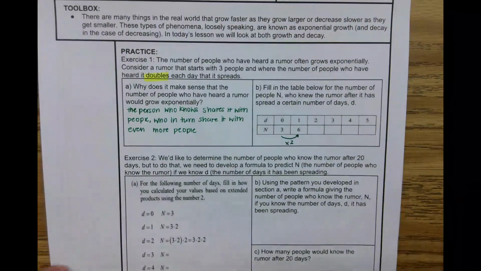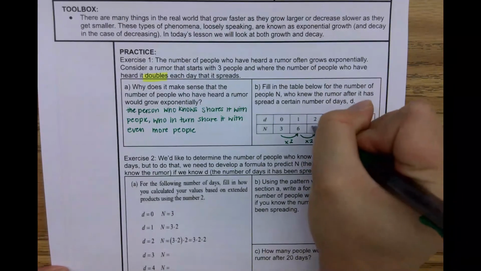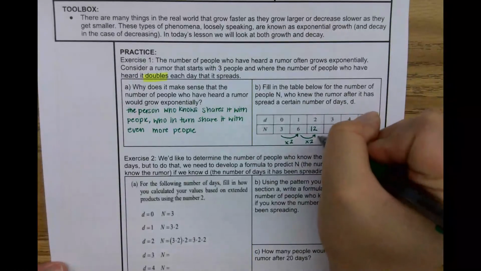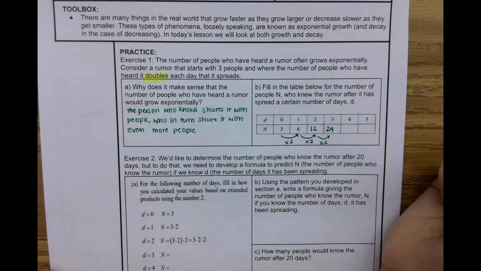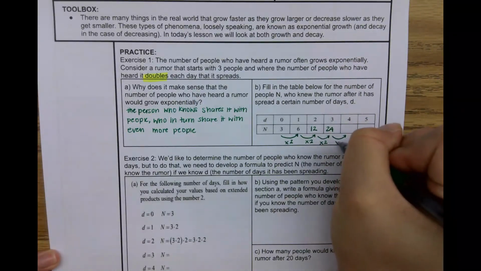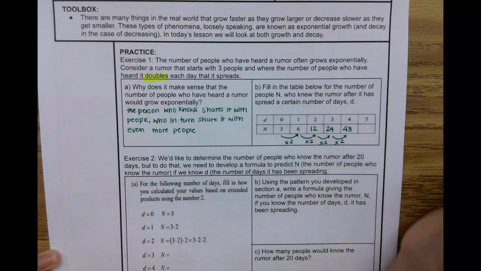Okay? The day after, it doubles again, so now 12 people know about this rumor, right? 3 days later, it doubles again, and now 24 people know about this rumor. Okay, the next day they tell even more people, it doubles again, and now 48 people know about this rumor.